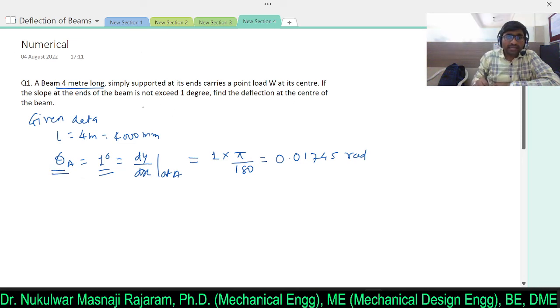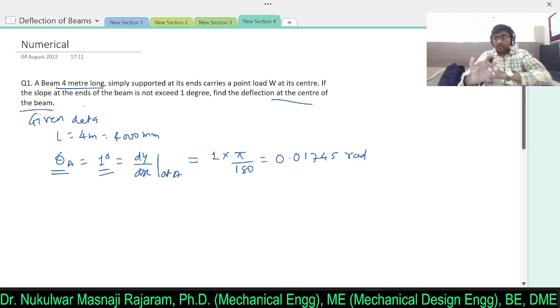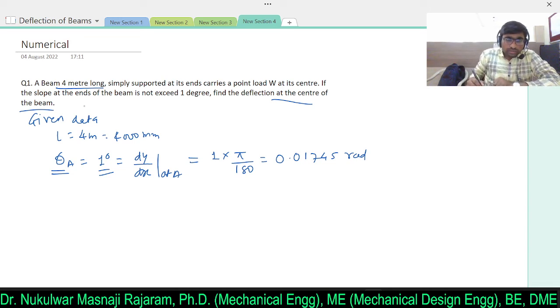Find the deflection at the center of the beam. Clear? Now, when we want to solve such a problem, first we will use the deflection as it is given.